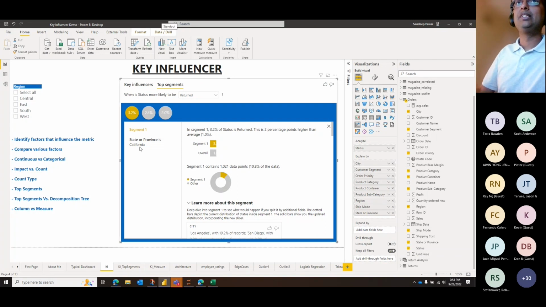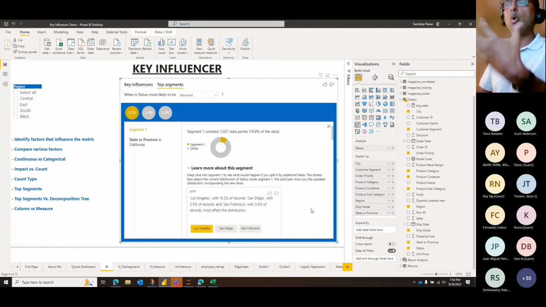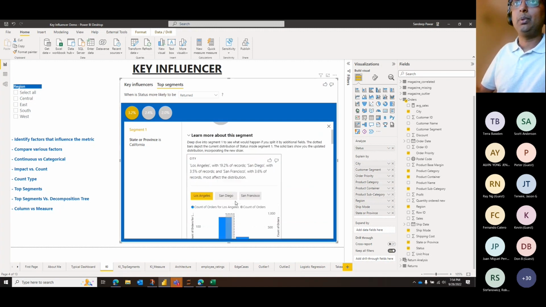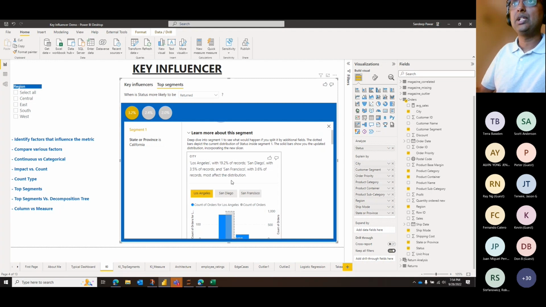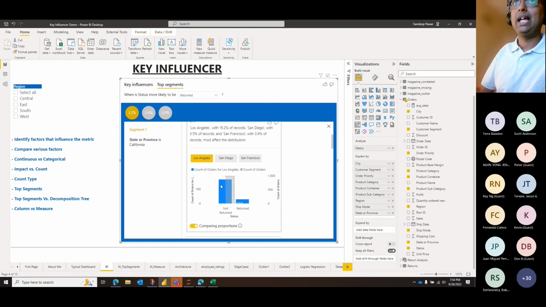But Power BI is letting you browse that data and get a feel for it by providing more insights. So out of that 3.2% for the entire California, are there any more subpopulations within that where more interesting things might be happening? In this case, for example, it says city Los Angeles accounts for 20% of the records, and compared to overall California, this is what it looks like.